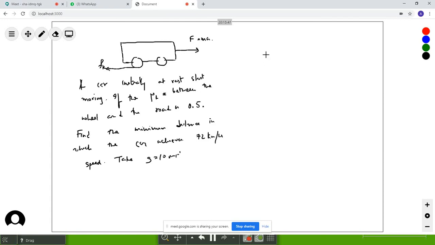Who will provide it? MA would be equal to Fk, which equals mu k mg. So mu k will be equal to a by g.